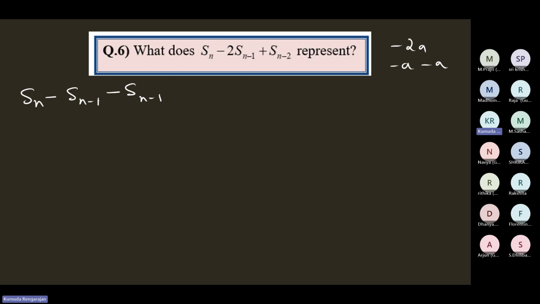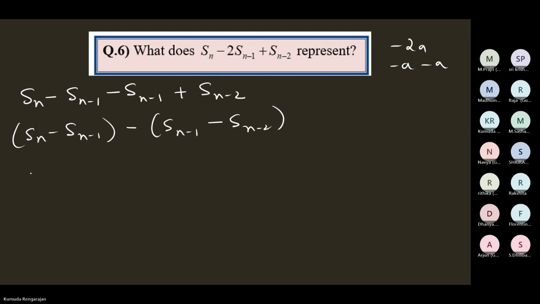So like minus a minus 2a. So minus Sn minus 1 minus Sn minus 1. This minus 2 Sn minus 1 plus Sn minus 2. Now group these two, Sn minus Sn minus 1. Take a minus out and minus into minus is plus.